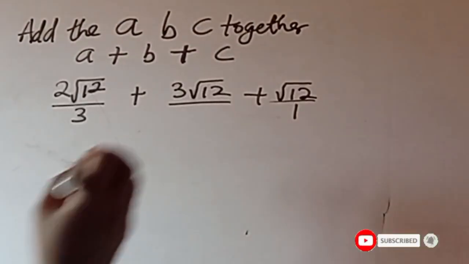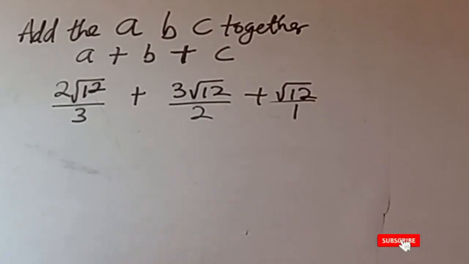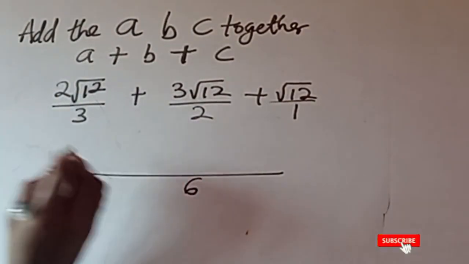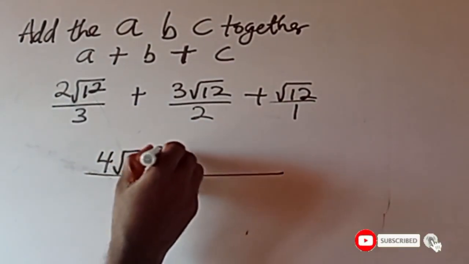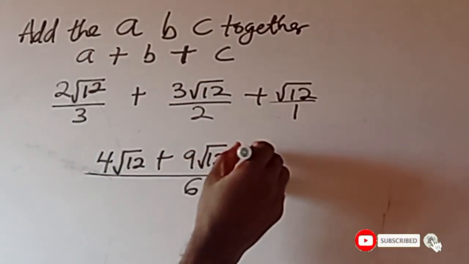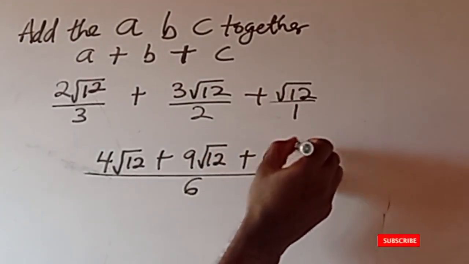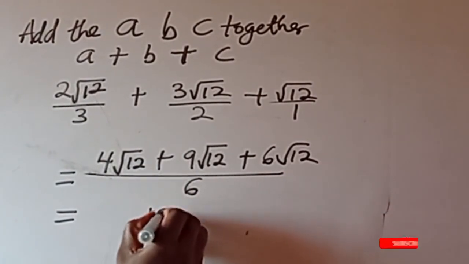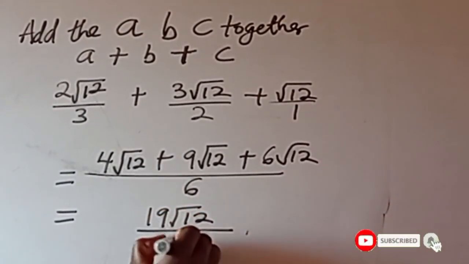Let's go and check. Don't forget, when you have this equation, the LCM is 6. 6 goes in 3, 2. 2 times 2, 4 root 12. Plus 6 goes into 3, 3 times 3, 9 root 12, plus this is 6 root 12. Now, when you add this together, we have 19 root 12 over 6.